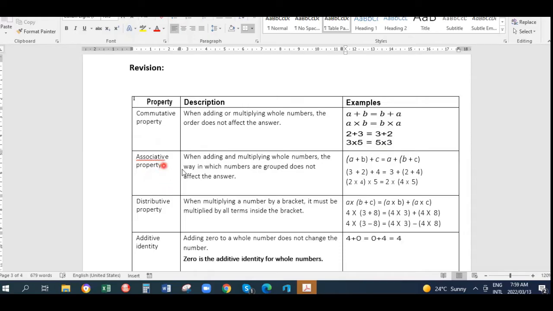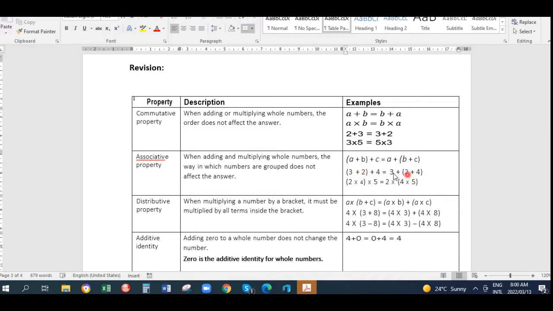Now your next property is the associative property. With the associative property, it's with regards to grouping. The grouping does not affect the answer. So if we look at 3 plus 2 plus 4, you can either group 3 plus 2 first, or you can group 2 plus 4 first, but both will give you the same answer. 3 plus 2 is 5, 5 plus 4 is 9.